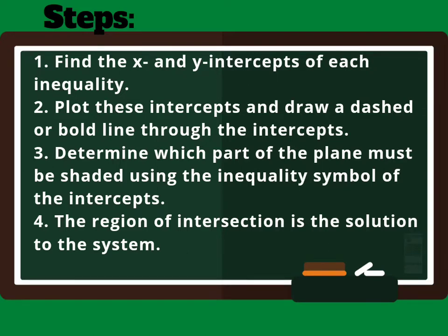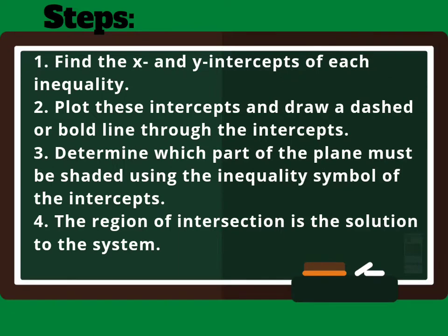You are going to draw a dash line or broken line if the inequality symbols are less than or greater than. And bold line if the inequality symbols are greater than or equal to and less than or equal to.